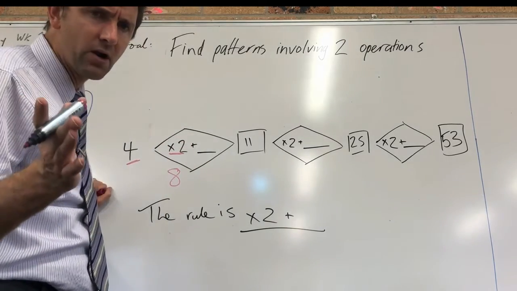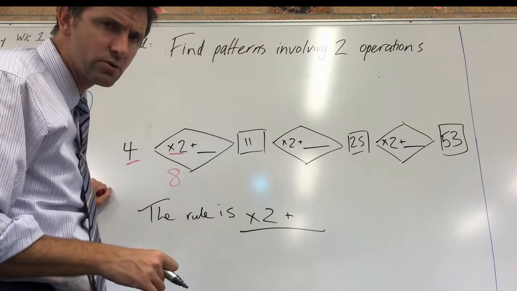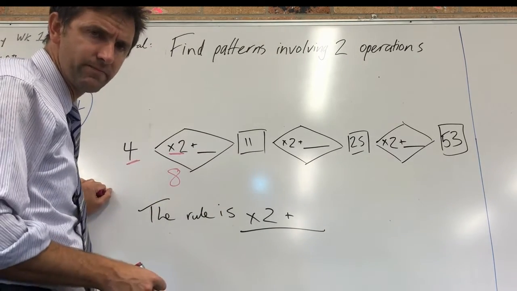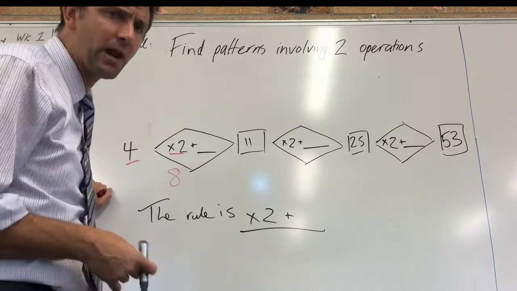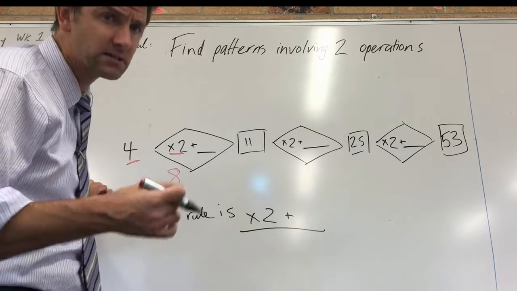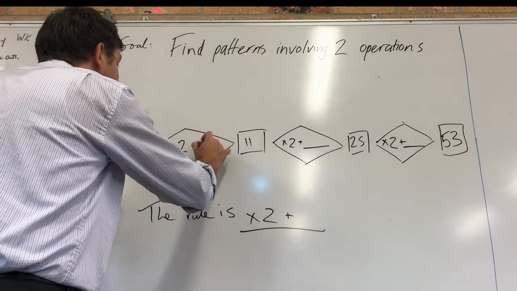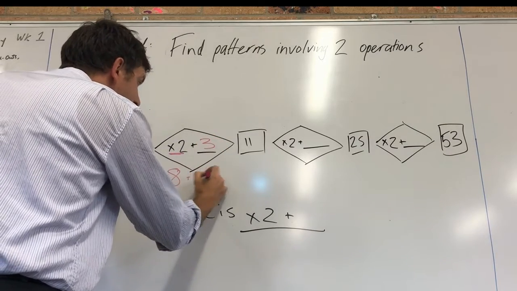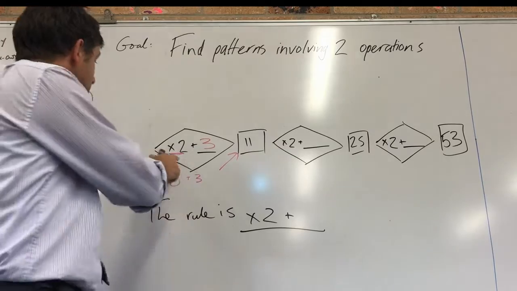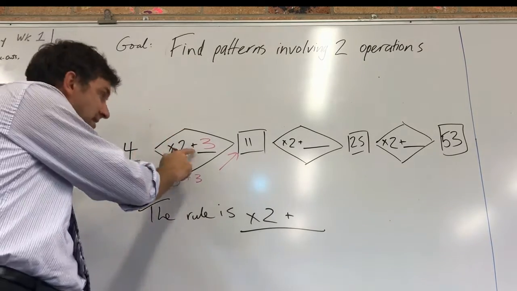And how do we get from 8 to 11? You work it out. What are you going to add? Well, you've got to plus 3. 8 plus 3 equals 11. So maybe the pattern is times 2 plus 3.